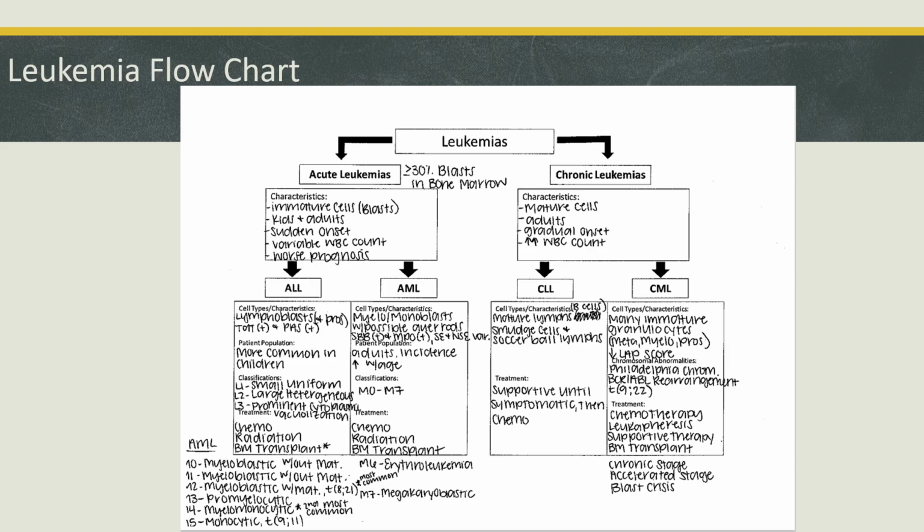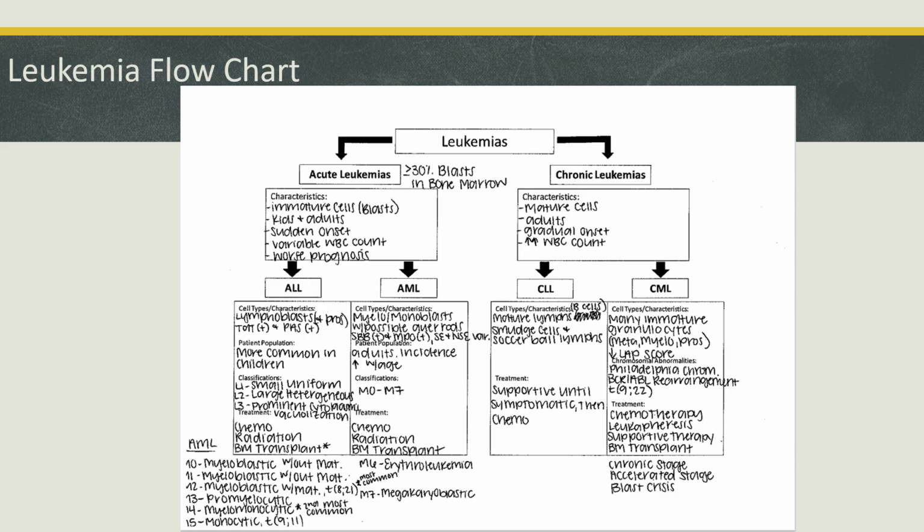And then M7 could be associated with that megakaryoblast or megakaryocytic proliferation. So keep those things in mind when you're going through these flow charts and your PowerPoints. Try to make the connections.